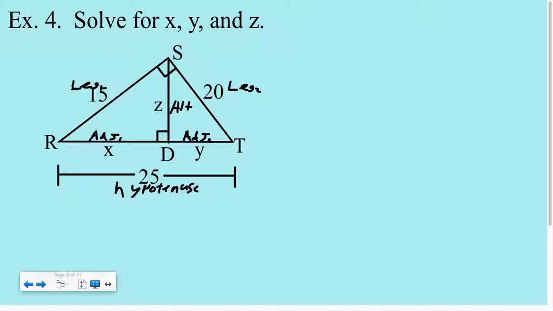Has anyone started doing any of the work yet? Okay, if you haven't started, do some. Find some values of x and y and z.